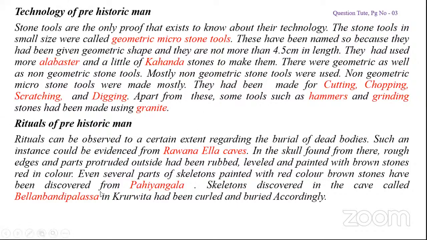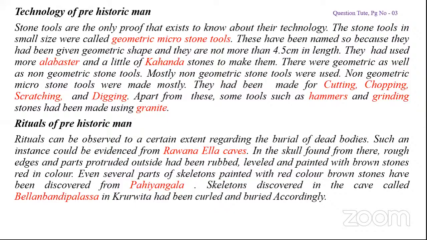Okay, right, sir. Yeah, this last blank is wrong. It must be Batadombalena, not Bellanbandipalassa, right? Okay, maybe I have written everything here. So I think you can see everything and complete the note.